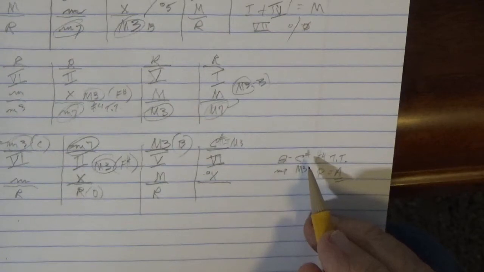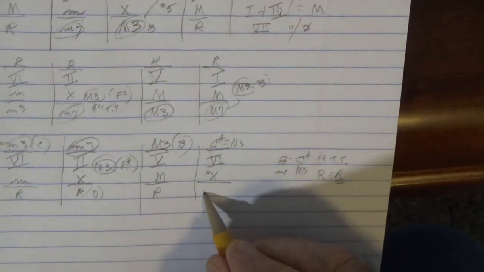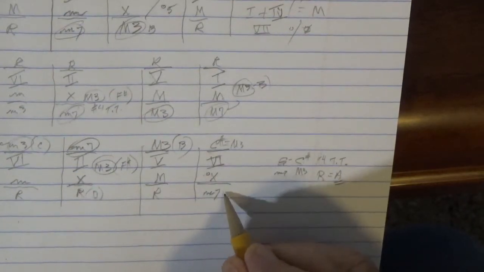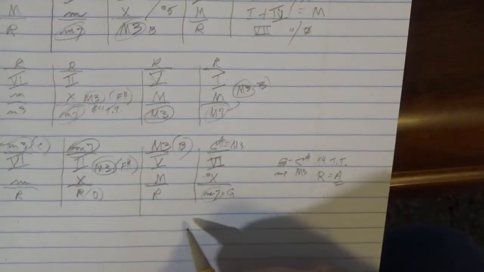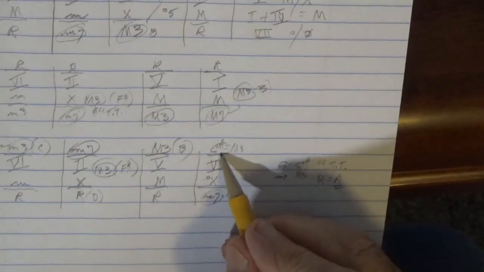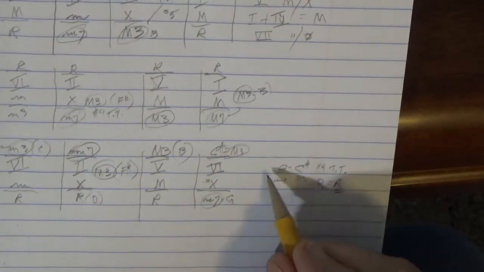No, the minor seventh, excuse me. G is the minor seventh, C sharp is the major third. So G is the minor seventh, and that is, again, G. So now we've got the minor seventh and the major third up here. And that is your tritone that is over here.